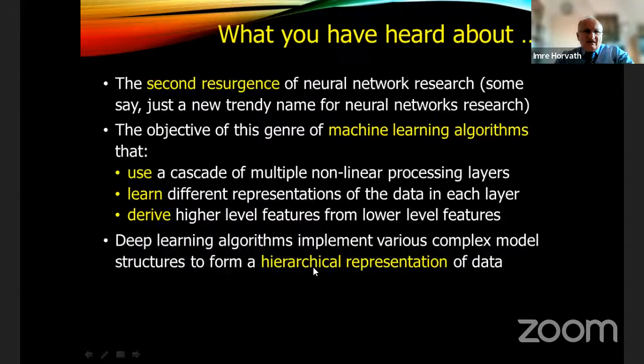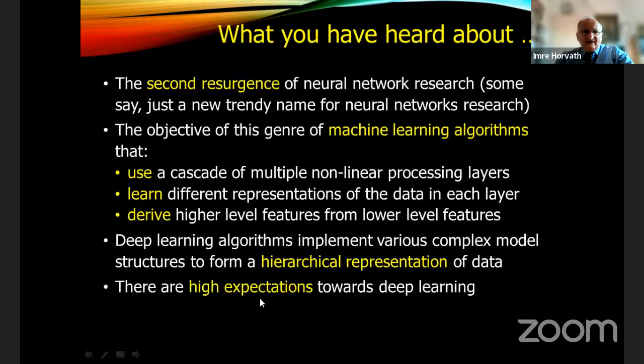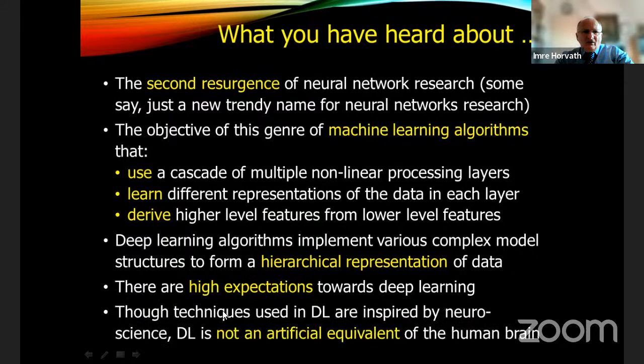So deep learning algorithms implement various complex model structures to form a hierarchical representation of the data. There are high expectations, as you heard in the video, towards deep learning, though techniques used in deep learning are inspired by neuroscience, deep learning is not an artificial equivalent of the human brain yet.